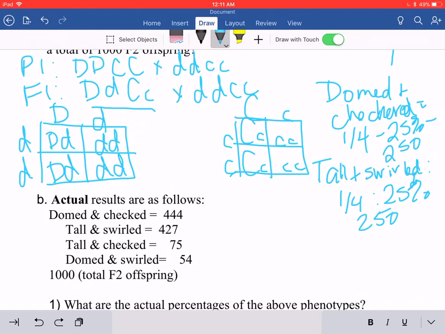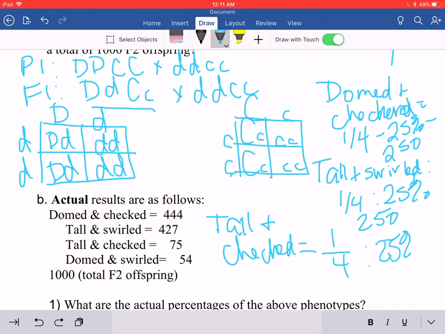Then we have our tall and checkered, which again, if we do our probabilities and multiply those across, is going to be 1/4 or 25%. And so we would expect to get about 250 individuals if we had a total of 1,000 offspring.